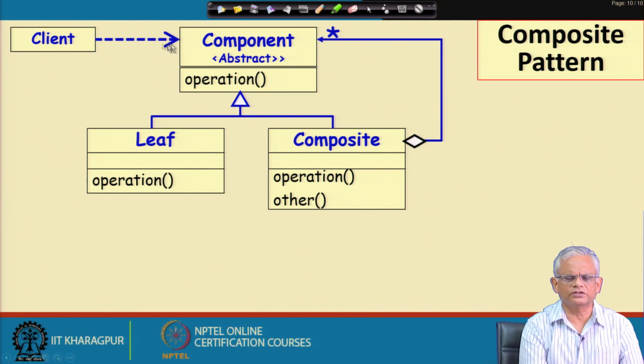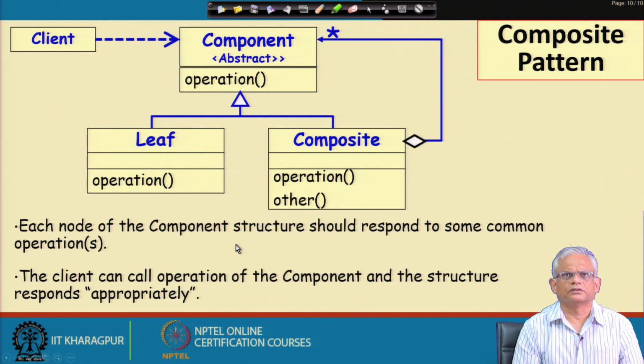The client invokes the operation on the component, and the component may be either a leaf or a composite, and the operation is defined here in the abstract class and, if necessary, overridden here.